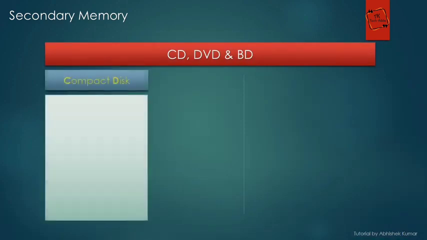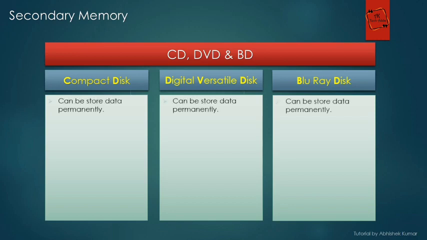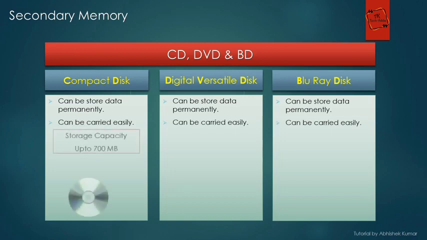Next we have CD, DVD and BD. Let me explain by differentiating all these three. CD stands for compact disc, DVD stands for digital versatile disc, whereas BD stands for Blu-ray disc. All three discs store data permanently. All these three are portable so that you can carry your data easily, but their storage capacity differs.